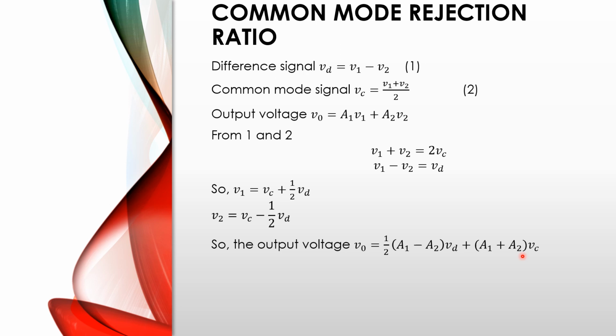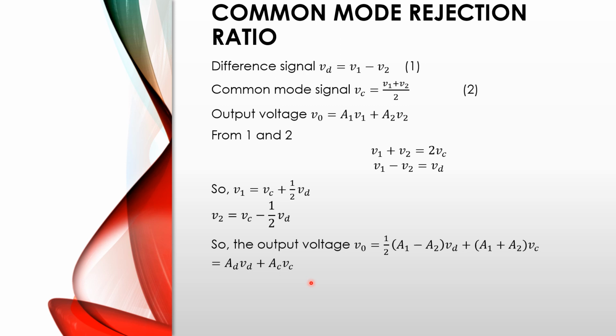Right? This half (A1 minus A2) is represented as Ad and half (A1 plus A2) is represented as Ac. So the final equation is AdVd plus AcVc. So V0 equal to AdVd plus AcVc.